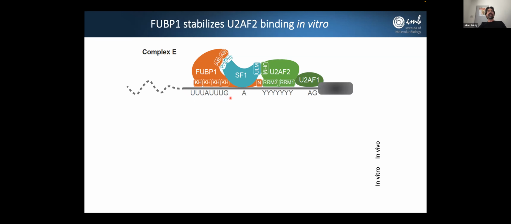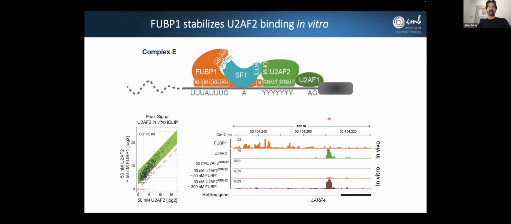We think one aspect is that FUBP1, via these multivalent interactions with several factors, can stabilize the 3' splice site complex. We tested that with an in vitro iCLIP experiment, where we have a library of 2,000 short RNA regions that fit to 3' splice sites. We incubate them with U2AF2, and then also with U2AF2 and FUBP1 in different concentrations.